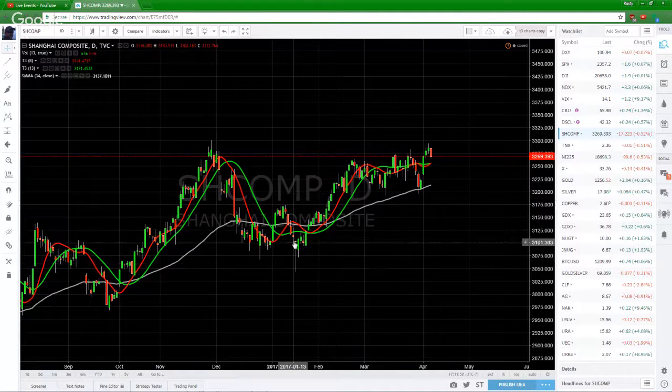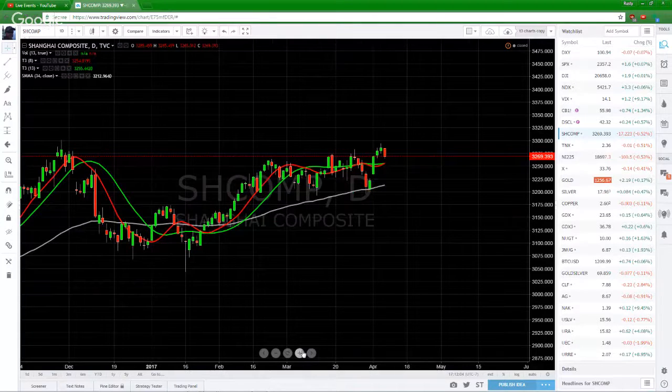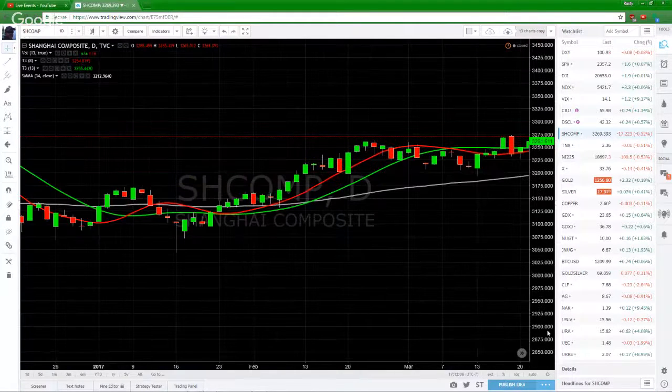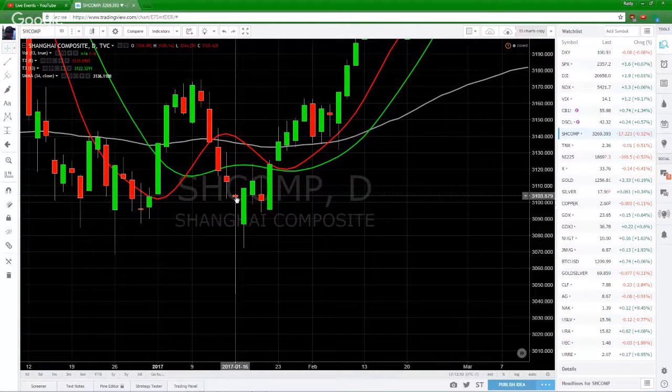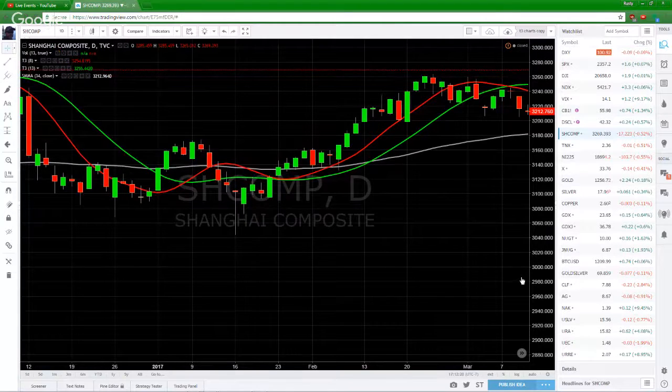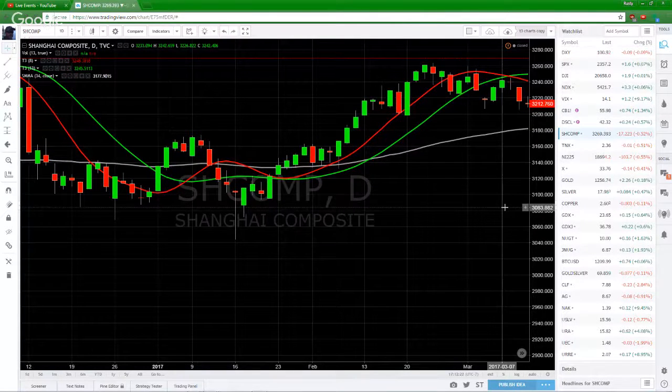This doji, long-legged, long-wicked doji, where the price opens and closes at the same spot. Long-legged doji, very bullish candle right there, reversal bar. Remember that reversal bar. It's a hammer on steroids. That's what I would say.